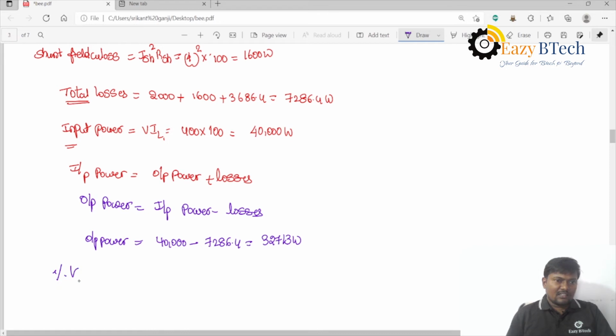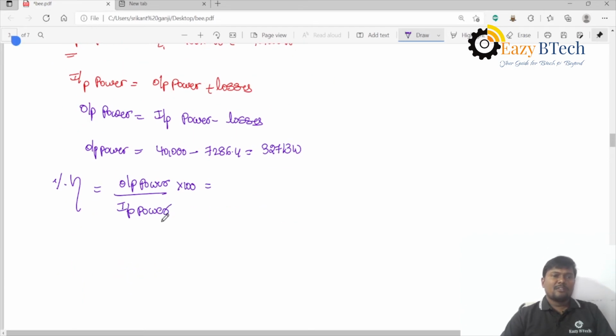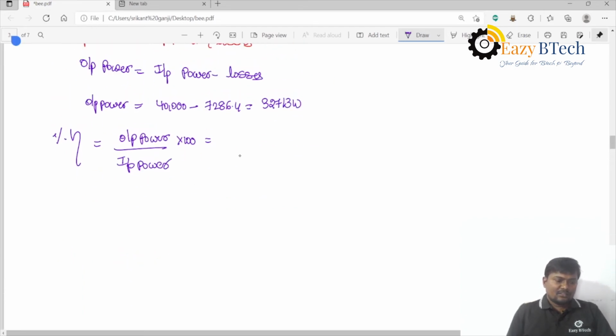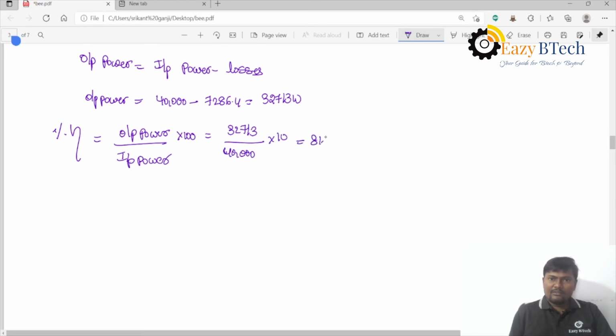Then we can calculate the efficiency at 100 amperes: output power divided by input power into 100. So finally, 32,713 divided by 40,000 into 100 gives 81.78 percent. That is the efficiency.